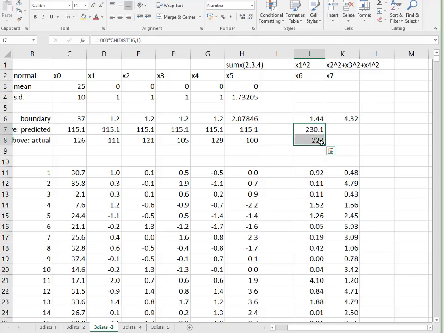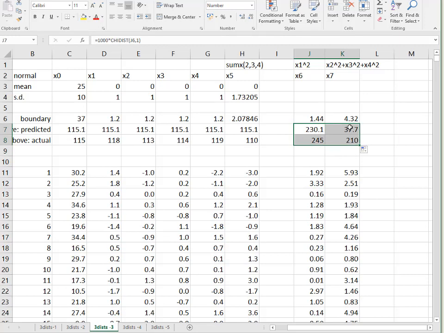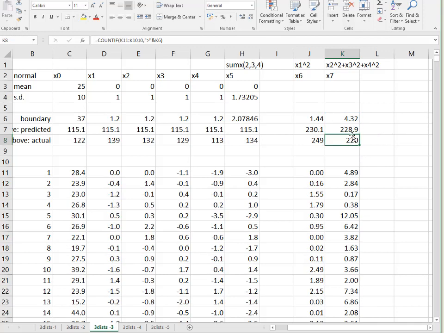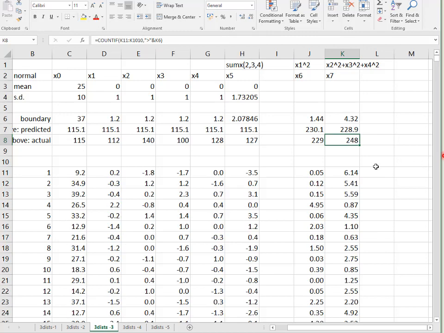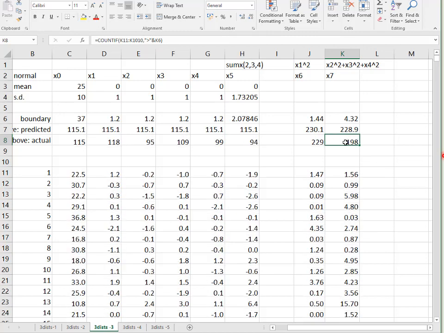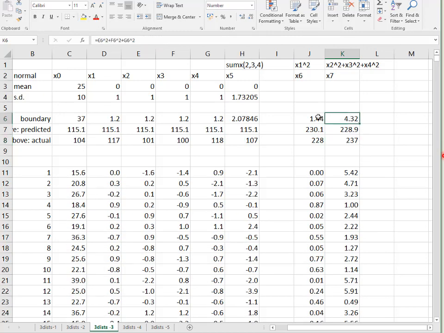And now I can see, if I just copy this across here, this won't be quite so good because I have to adjust this formula. Look, it's way out. I've got to adjust this formula to 3, and now it's doing better. Okay, so it's counting correctly how many will be above here.